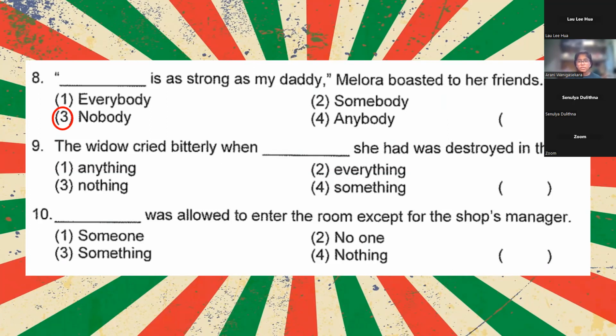Yeah. So Melora is boasting to her friends, right? If everybody is as strong as her dad, basically she wouldn't be boasting, right? So you have to say that nobody is as strong as my daddy, Melora boasted to her friends. Why is it not somebody?